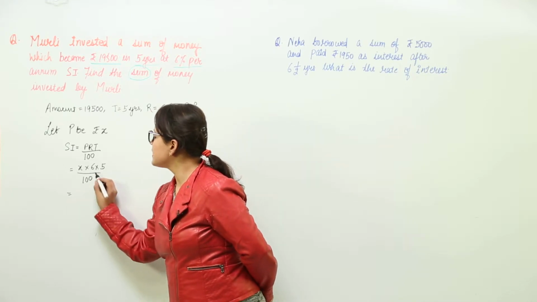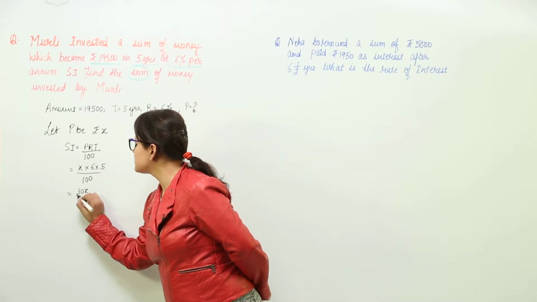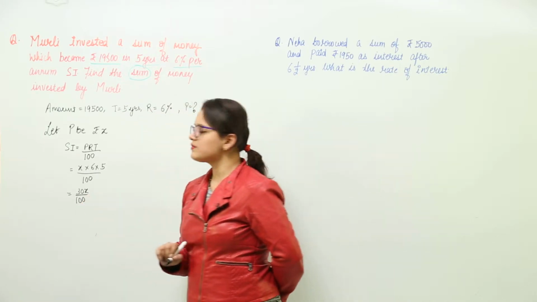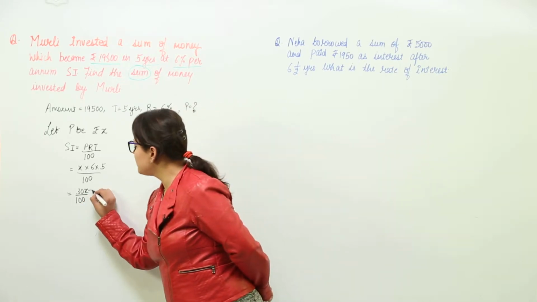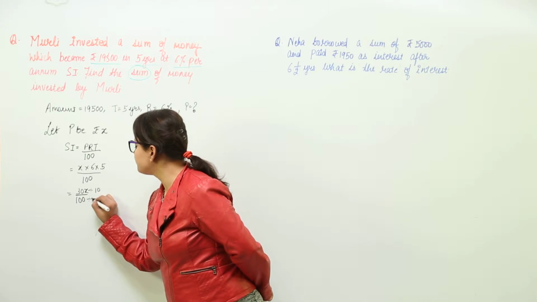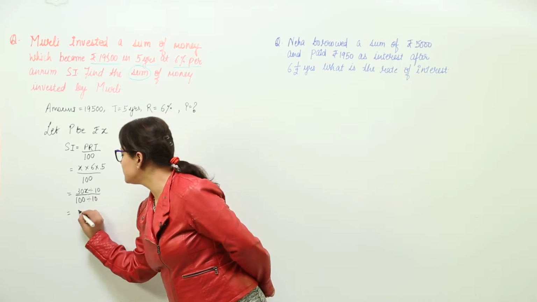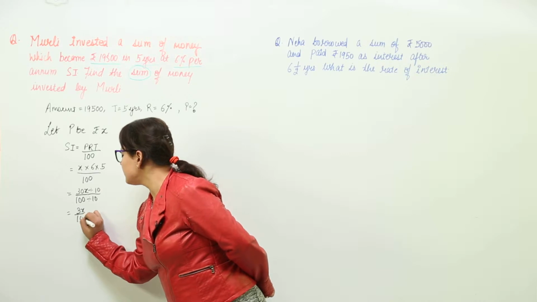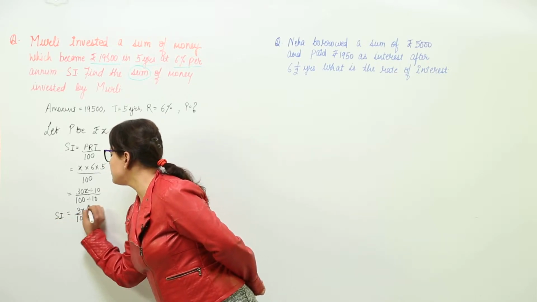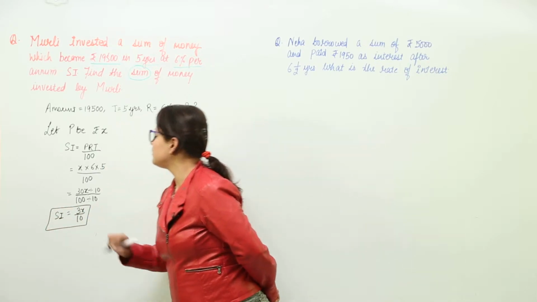So I get 6 5s are 30x upon 100. I have some common factors, so I'll divide both by 10 and I land up with 3x upon 10. So my simple interest comes out to be 3x upon 10.